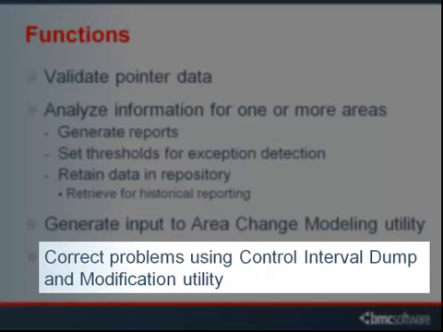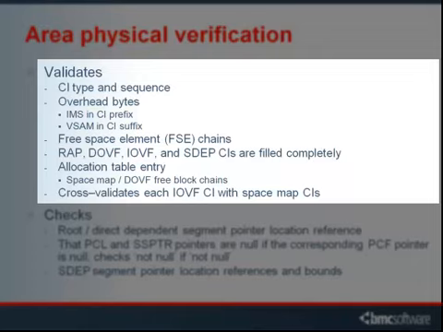The analysis function validates the structure of the area, that is, the physical and logical integrity of the area, to ensure that the area can be read and interpreted correctly. It validates that the CIs are of the proper type and are in the proper sequence. It also validates the IMS overhead bytes in the CI prefix and the VSAM overhead bytes in the CI suffix.